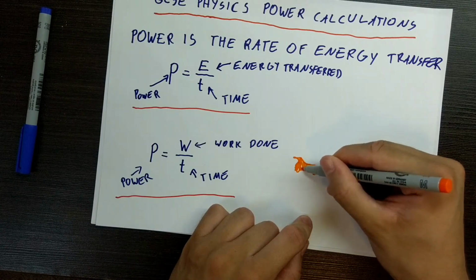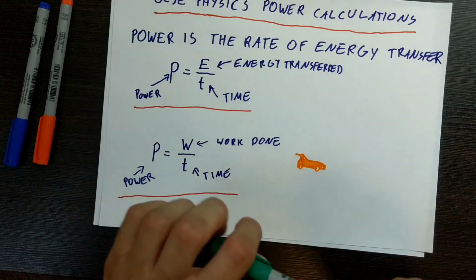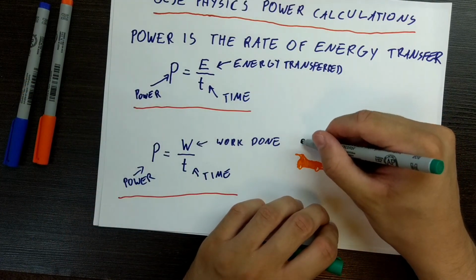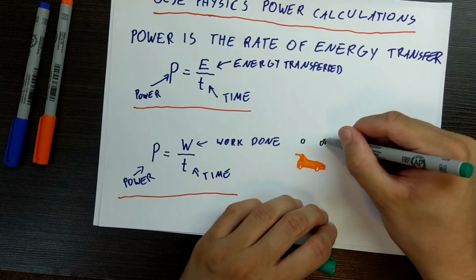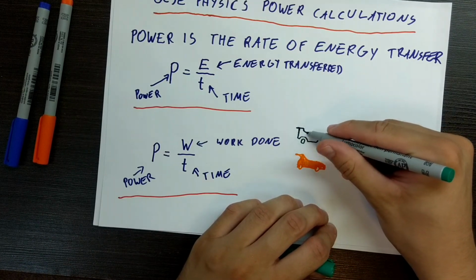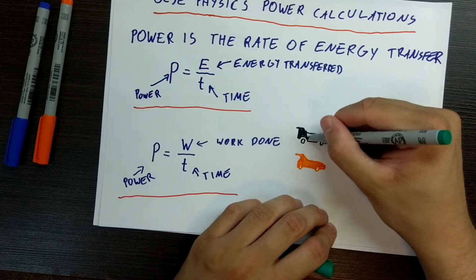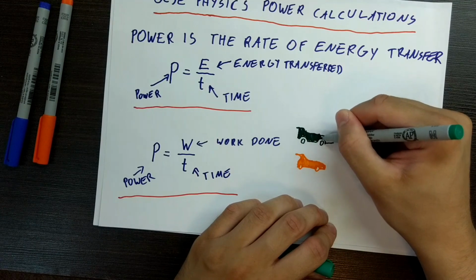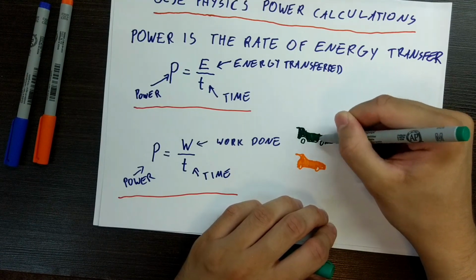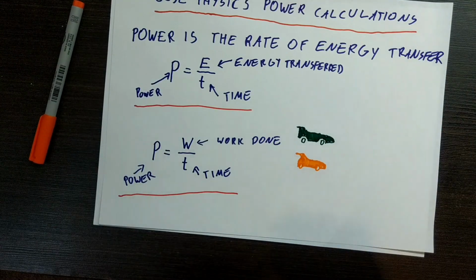So we have one race car here, and we have another race car here. So something like this. There we go. Green one. Okay, so we have two race cars.